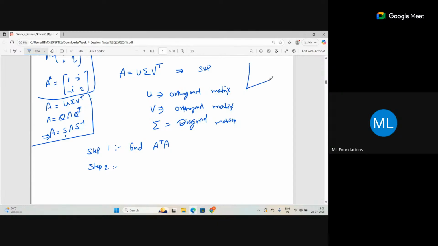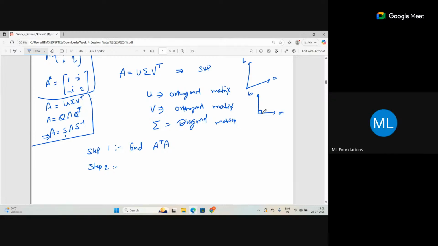Let's say there are two vectors A and B which are not orthogonal, and another pair A and B which are orthogonal. Which two vectors will you choose for a decomposition? We'd go with the orthogonal ones. The reason is that we'll be able to reduce the number of dimensions, right?